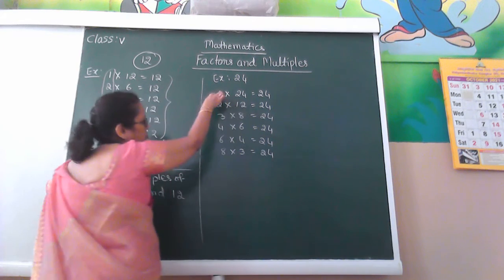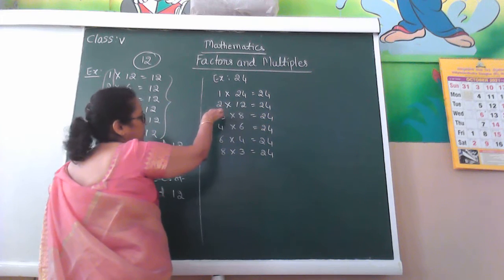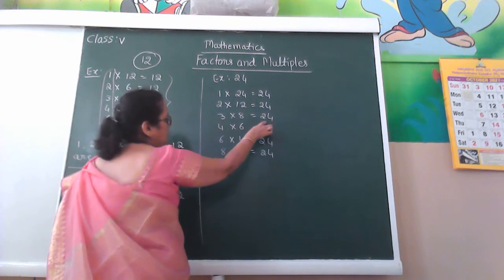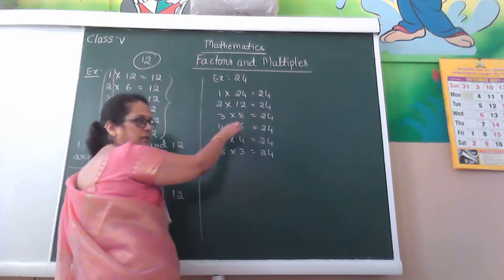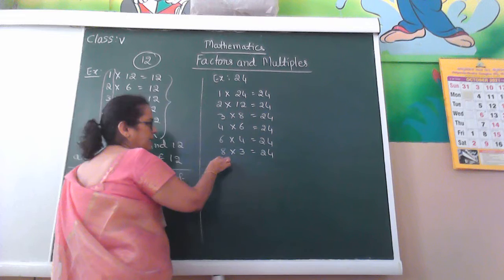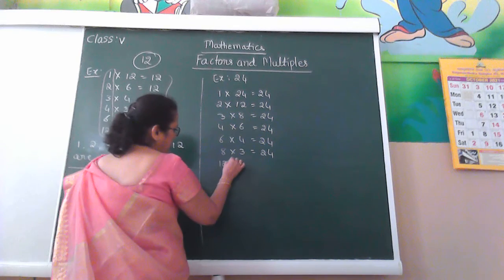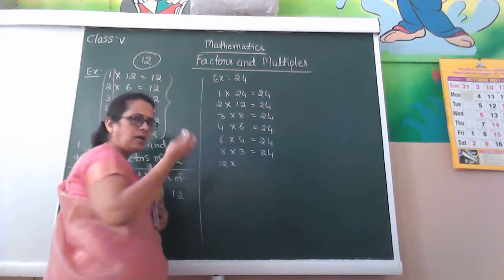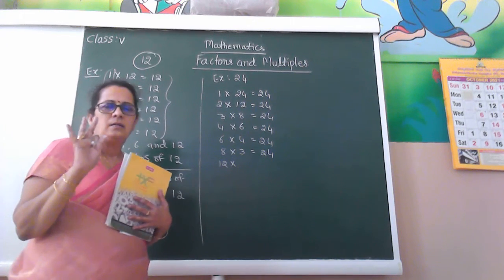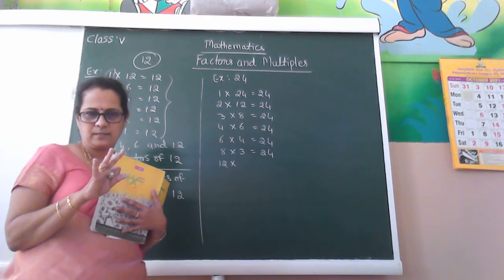See, according to the table you go. You start from 1. In the 2 table we have 24. In the 3 table we have 24. In the 4 table we have 24. In 6 also we have. In 8 also we have 24. Next table is, see, I have not taken 9, 10, 11 because 24 is not in those tables.